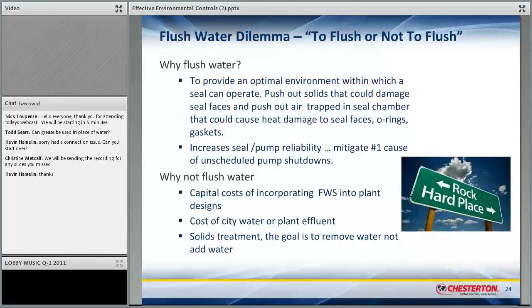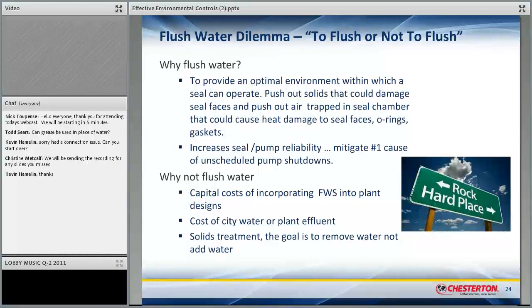So we use flush water to increase seal and pump reliability, to mitigate the number one cause of unscheduled pump shutdowns, mechanical seal failure. We want to provide a cool, clean environment, but we know that there are costs associated with it.